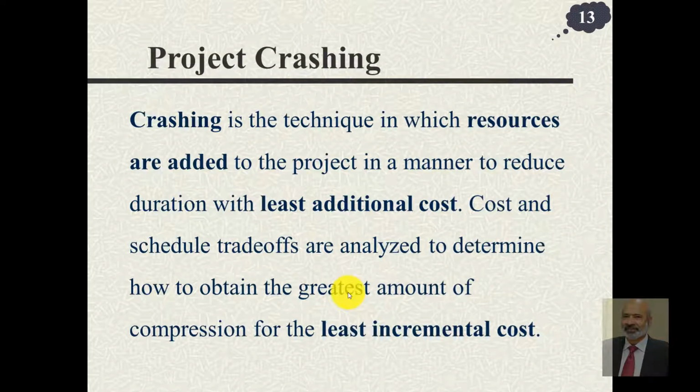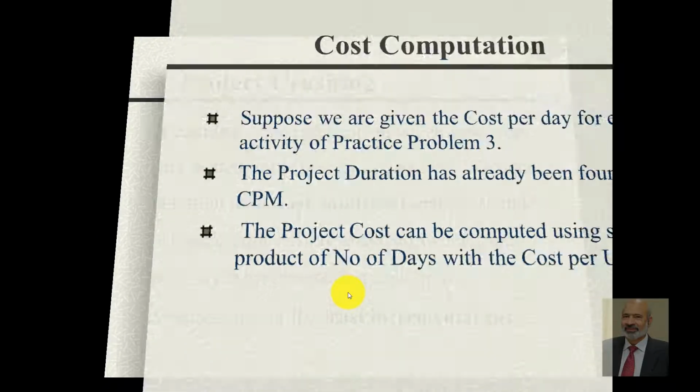But project crashing can be used if you know that a certain activity can be performed in different times, but each time has its own cost. And this will become obvious when we do a numerical example.